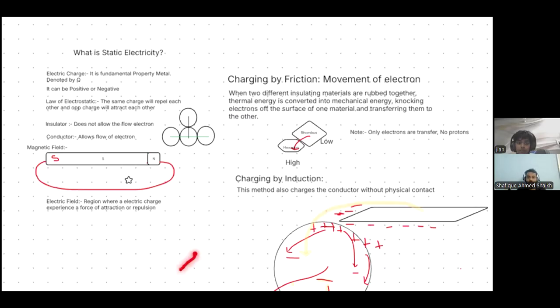Now, the next important part is electric field, correct? Yes. Electric field. So, can you just open your book, page number 315? Yes, sir.